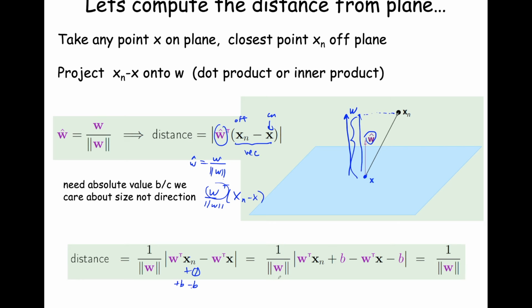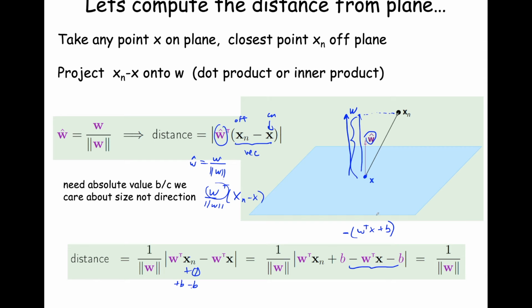We have 1 upon the magnitude of w times w transpose xn plus b minus w transpose x minus b. Now, of course, if we negate w transpose x plus b, we get this expression down below. Now, w transpose x plus b, we've seen this before.